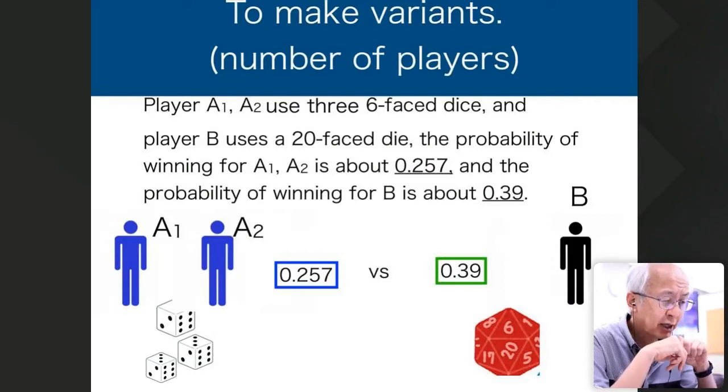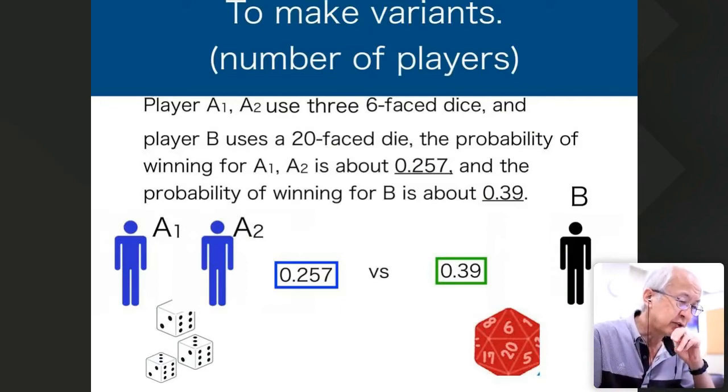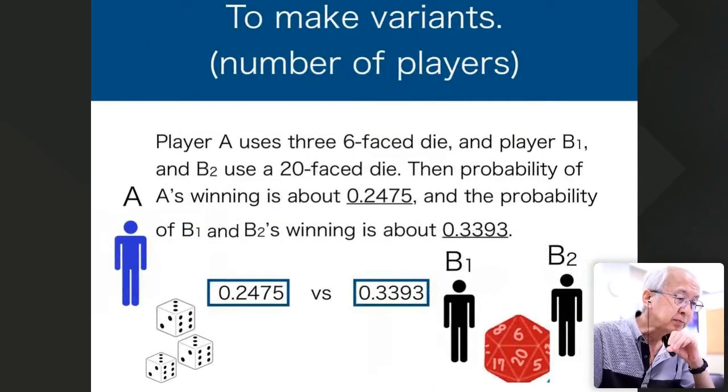If you calculate the probability, you will find that player B with the 20-face die has a better chance. And almost the same thing can be said about 2 players with 20-face dice against one player with 3 six-face dice.